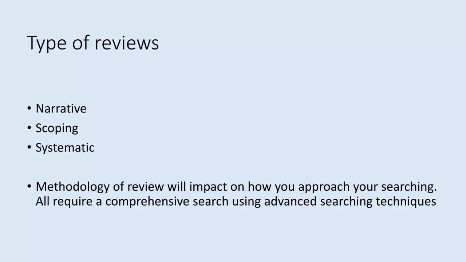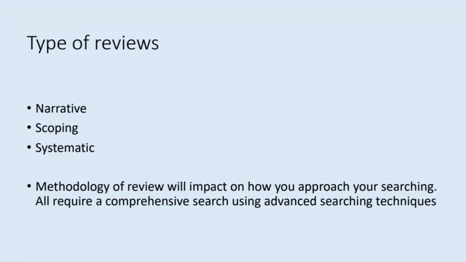So it's looking at what literature is out there, what the evidence is for whatever it is you're researching, and these are usually useful for setting the direction for a research strategy or a policy, and also often used to decide whether a full systematic review is necessary in the future.